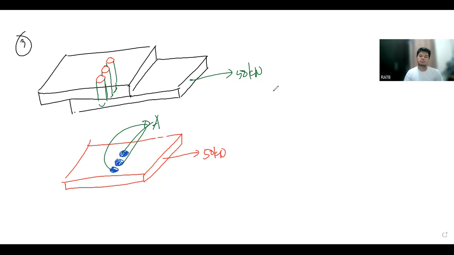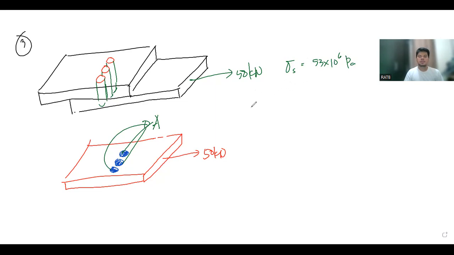According to the problem, the stress given is 53, that is the shearing stress, 53 times 10 to the power of 6, with unit in Pascal or Newton per meter square.